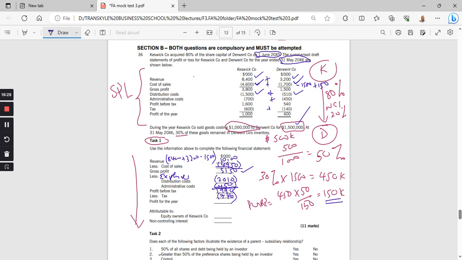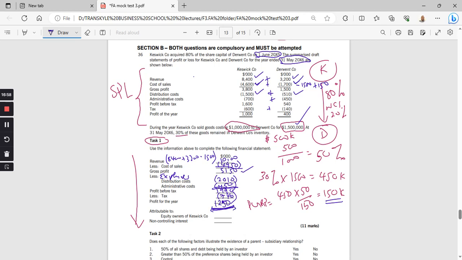Then 1990 minus 740 gives us 1250. 1250 as the profit for the year. This is a 5, it's not a 3. It's a 5. 1250. So this was the profit for the year. You can just double underline it.